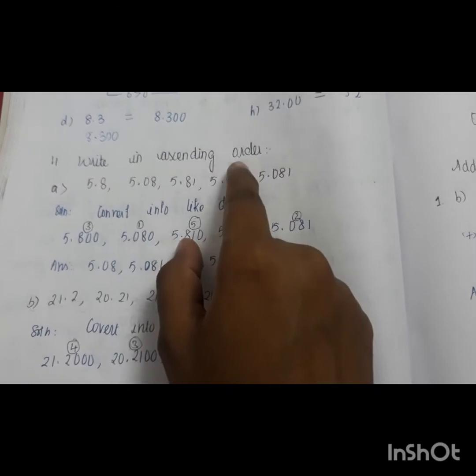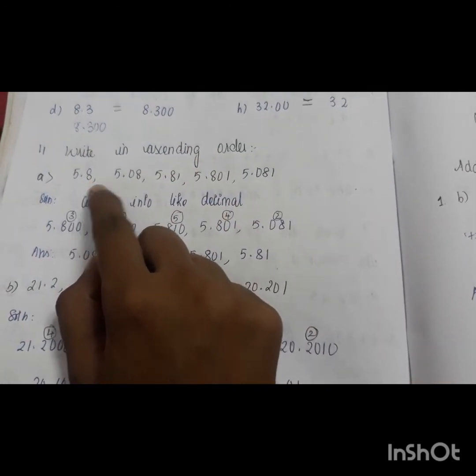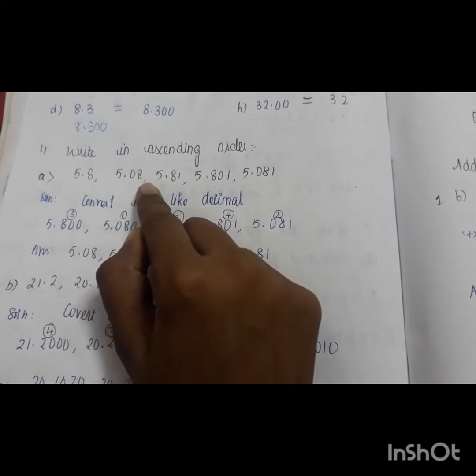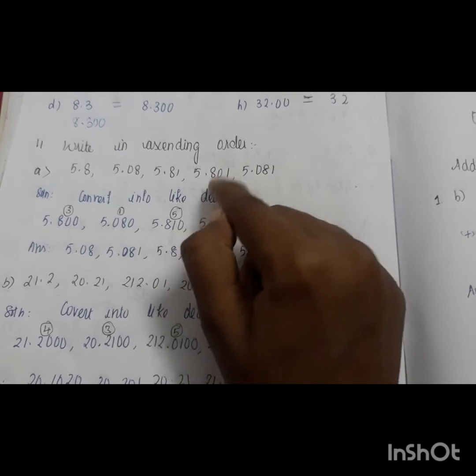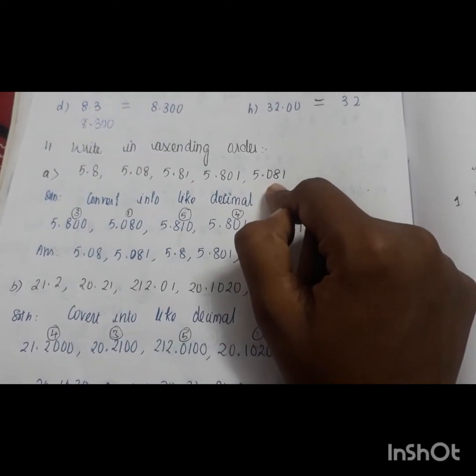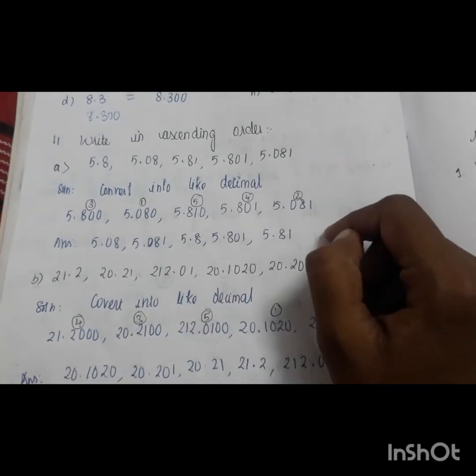Write in ascending order. You have seen that here the question is given in decimal form: 5.8, 5.08, 5.81, 5.801, 5.081. We need to arrange it in ascending order, that means smallest to biggest, right?